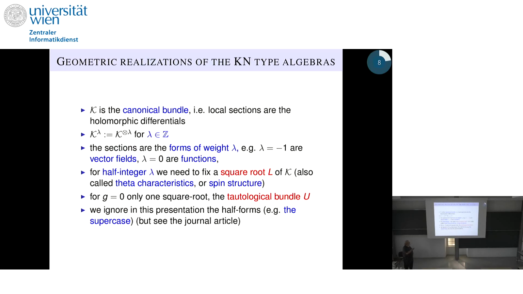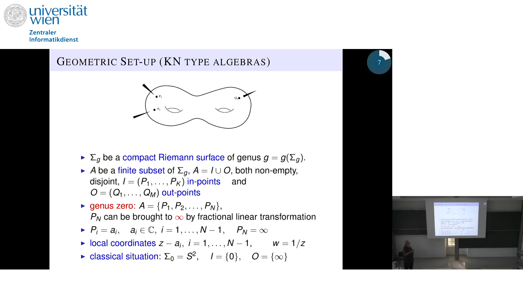Good. No, this was the wrong pointer here. So in genus 0, we can say this is now a Riemann sphere, genus 0. We have n points, P1 up to Pn. Let me already give you this kind of normalization.